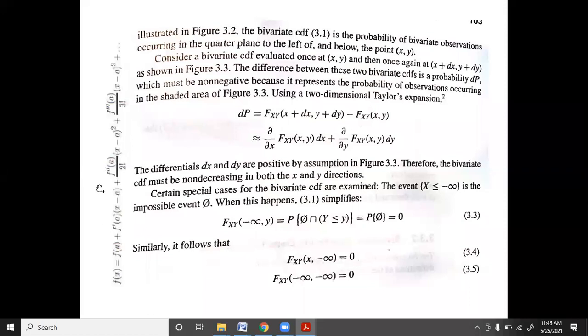Now we will take an approximation for this. We will neglect the terms from second order onward, keeping only the 0th order and the first order. Only those two terms.